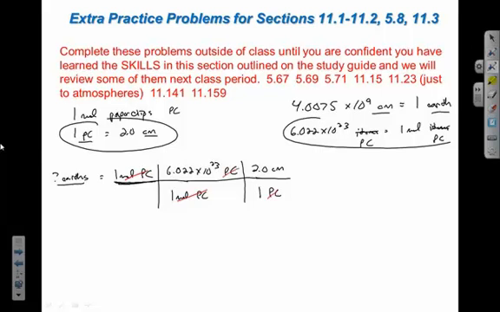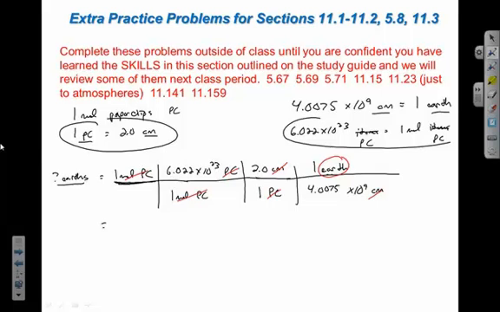So now these units cancel. And we also looked up on the internet, which is never wrong, that 4.0075 times 10 to the 9th centimeters equals 1 Earth circumference. So now my centimeters cancel, I've got the unit I want. So how many times around the Earth, or how many Earth circumferences do we get?